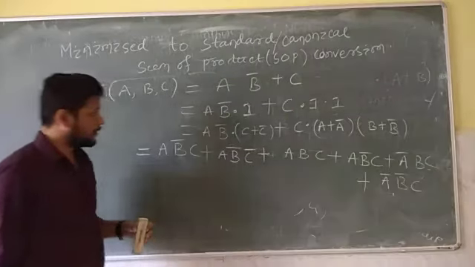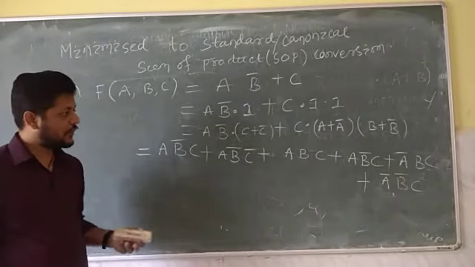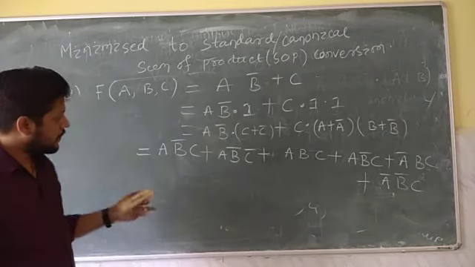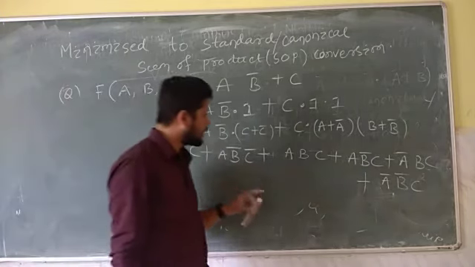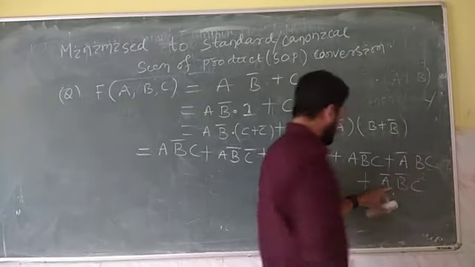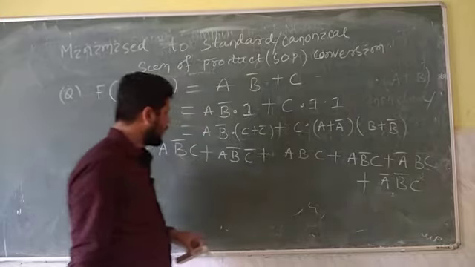So next we have to check if any redundant terms are present, that is, a min term repeated more than one time. So this is A B bar C, then again A B bar C bar, A B C, then here also A B bar C is present.